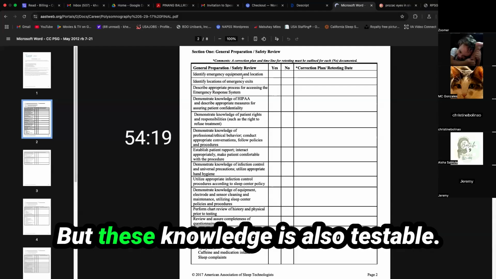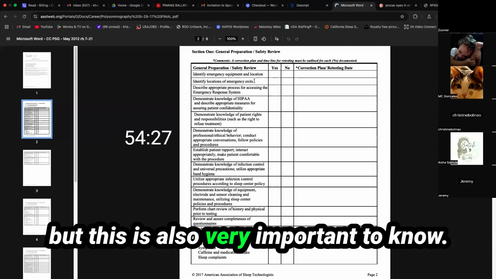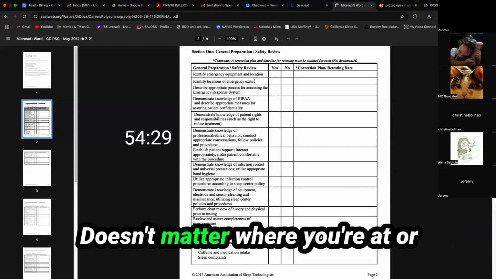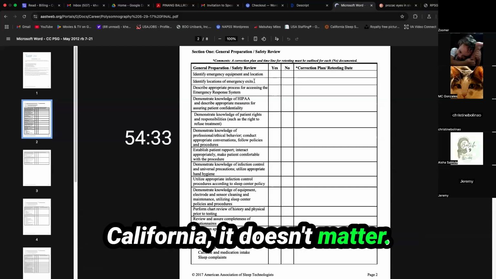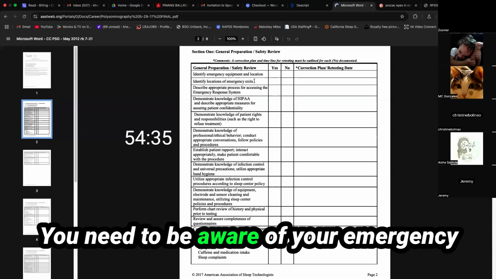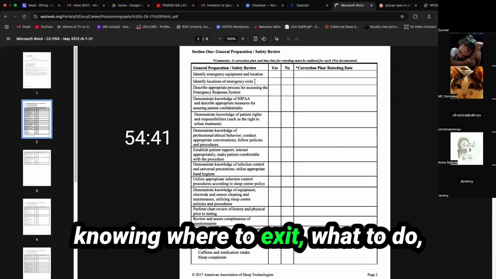But this knowledge is also testable. This can show up on the examination, but this is also very important to know. Doesn't matter where you're at, whether you're in Saudi, UAE, Philippines, California, you need to be aware of your emergency policies, emergency protocols, knowing where to exit, what to do.